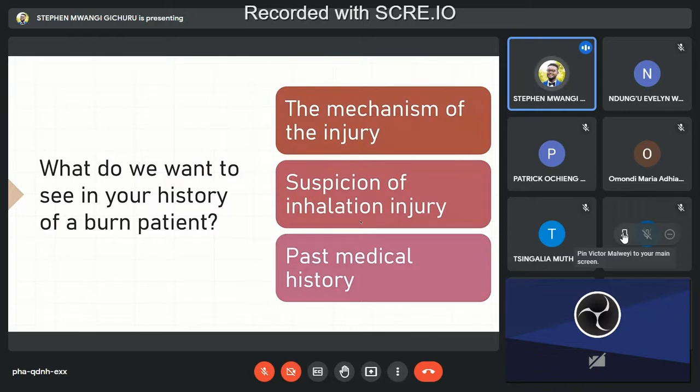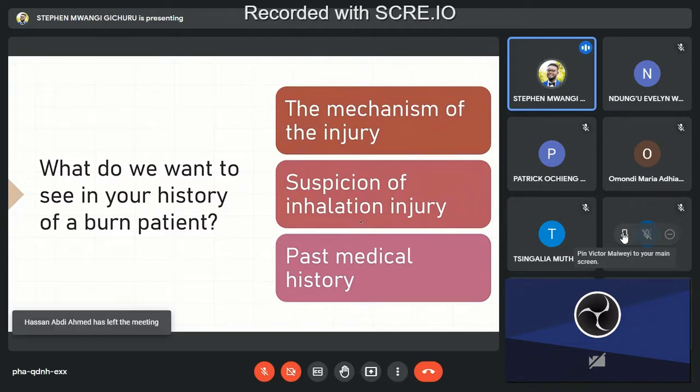Suspicion of inhalational injury. This one we'll talk about later, but still, can you see any of those signs that would tell you that there could be inhalational injury? Was this an open area? Was this a closed area? How long was the patient exposed to smoke? And then now the past medical history, which is usually SAMPLE. Does anyone know what SAMPLE stands for?